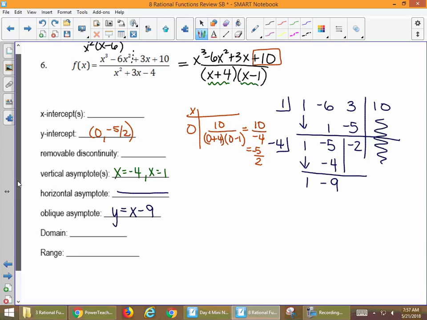If you were really in a bind, you could do rational root theorem and double check that. Your others are 5 and 2. Those are our 3 zeros. So 5, 2, and negative 1.